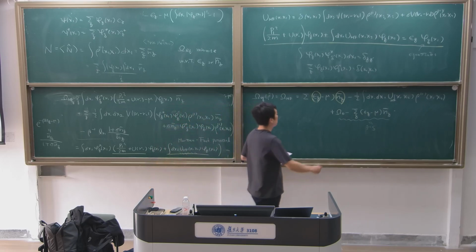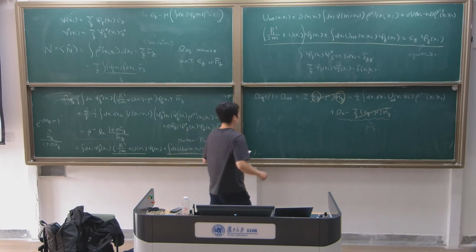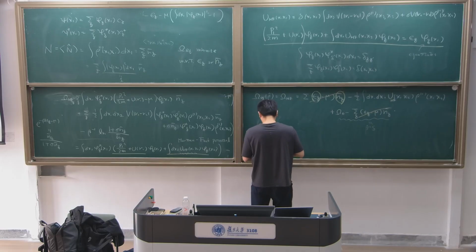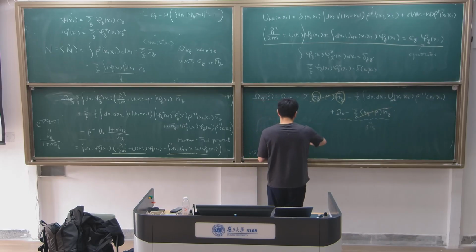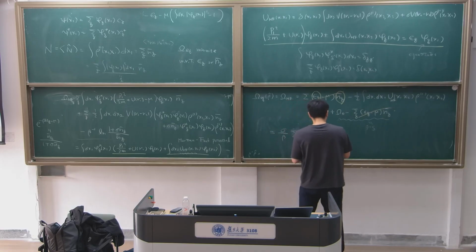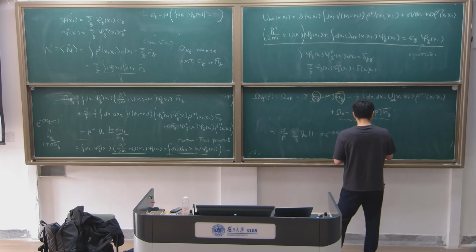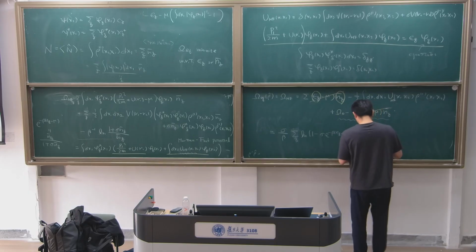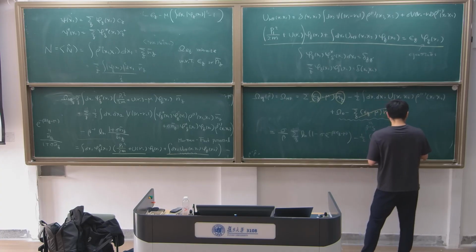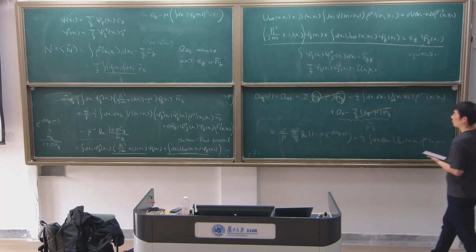Okay, so then we can count on this one and this one, and plug in the expression for rho, and this is equal to this.